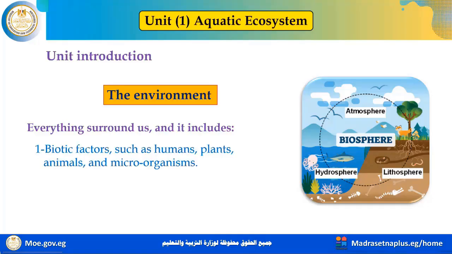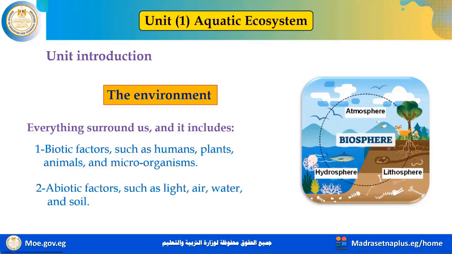The first one is biotic factors, such as humans, plants, animals, and microorganisms. And the second factor is abiotic factors, such as light, air, water, and soil.